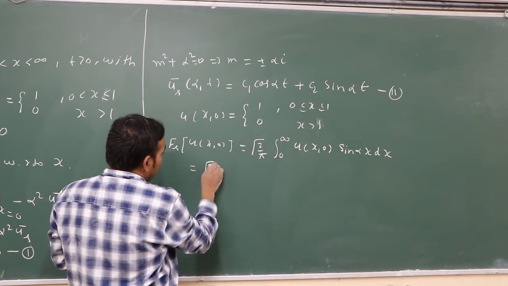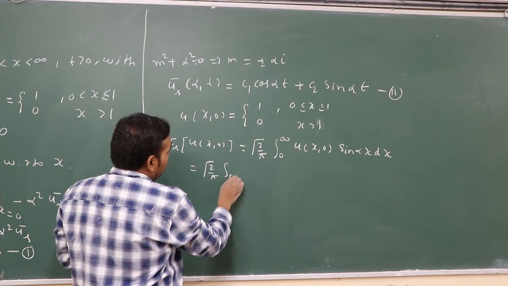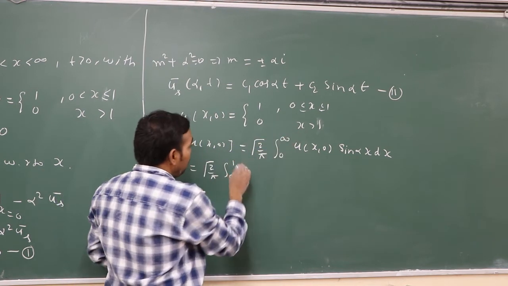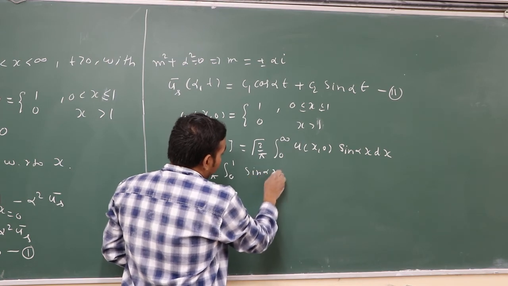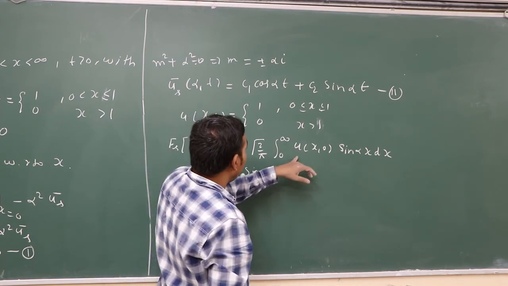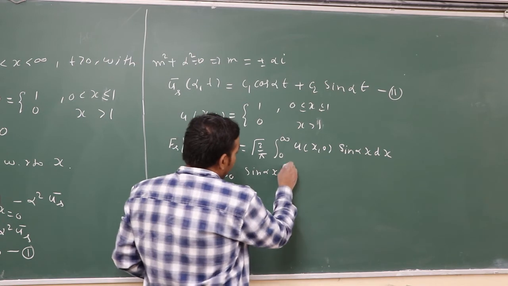We can write this as 0 to 1, where u x 0 is 1, so sin alpha x, and for greater than 1 this is 0.